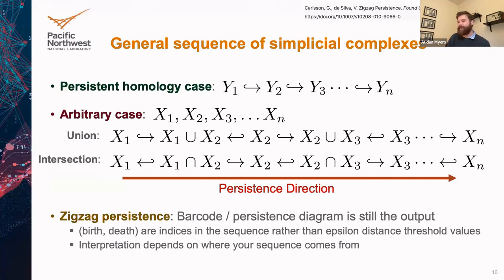So aptly named zigzag persistence, where again, we're going to get this barcode output, which tells us where topological features are born and where they die. But instead of it being some epsilon distance or some filtration, it's a filtration in time. So we're looking in time: when do these topological features appear, how long do they persist, and when do they die.